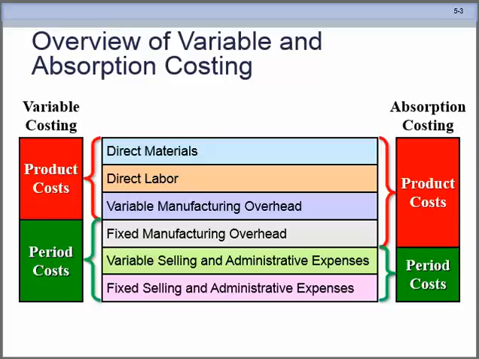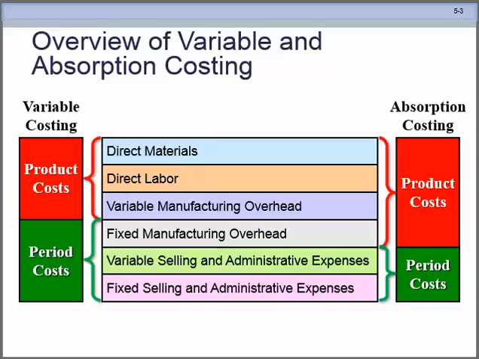We use the contribution one internally for decision making and budgeting purposes. So this chapter is going to show how absorption costing and variable costing differ. It's going to also show us how to create a segmented contribution format of an income statement.